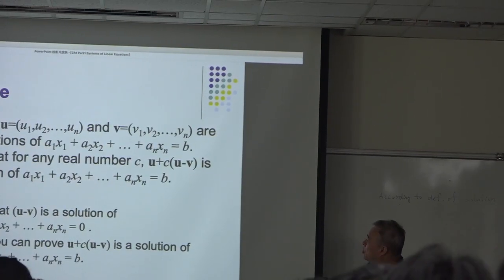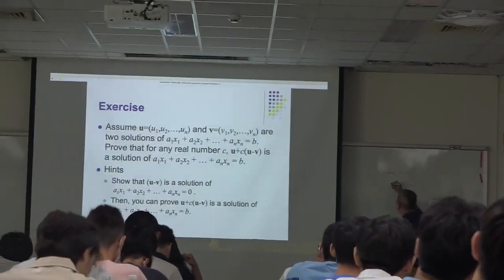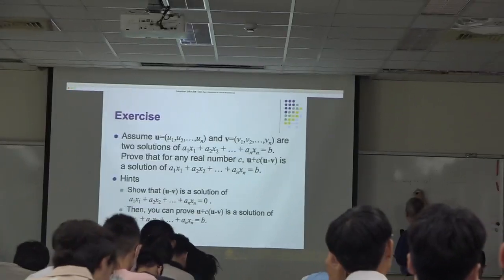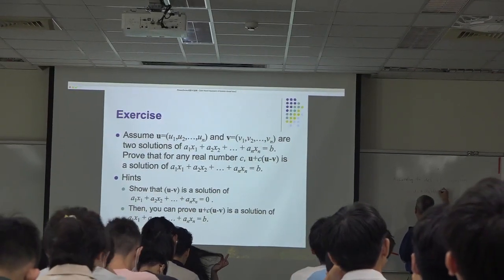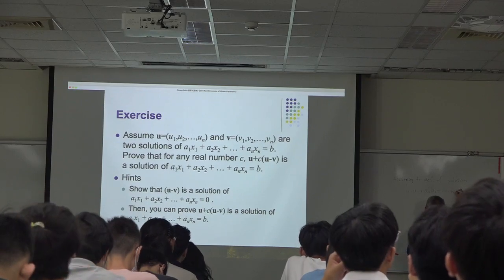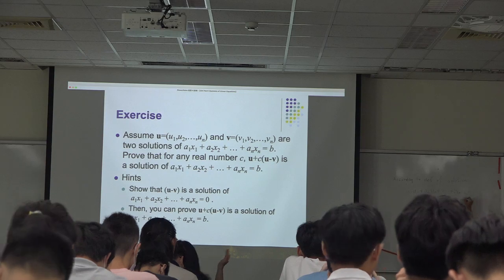So obviously we put u in this equation. We have a1 u1 plus a2 u2 plus ... plus an un equal to b, right?